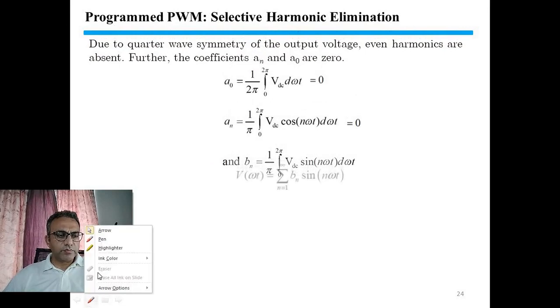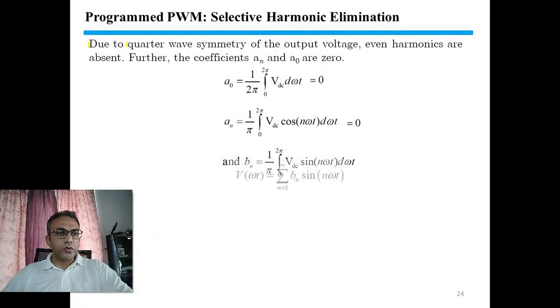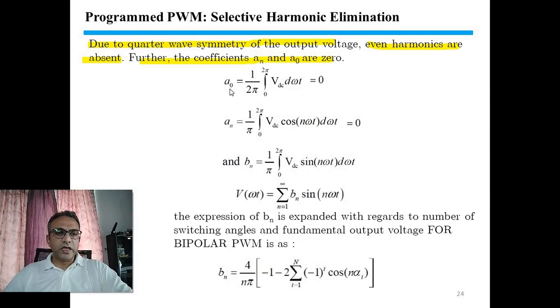So due to the quarter wave symmetry of output voltage, even harmonics are absent. Therefore, the coefficients a naught is 0 and a n is 0. We can also see why a naught is 0, because there is no DC component in our AC signal.